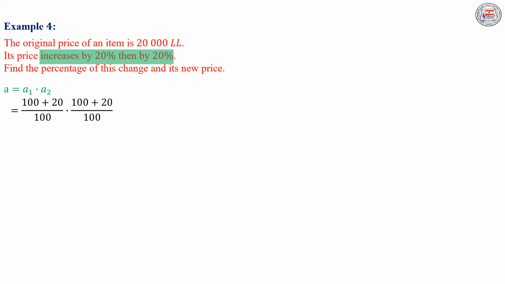Then A is equal to 100 plus 20 over 100, since A1 concerns the increase by 20%, times 100 plus 20 over 100, since A2 concerns the second increase by 20%. Then A is equal to 1.44, which is greater than 1, then we have an increase in price.